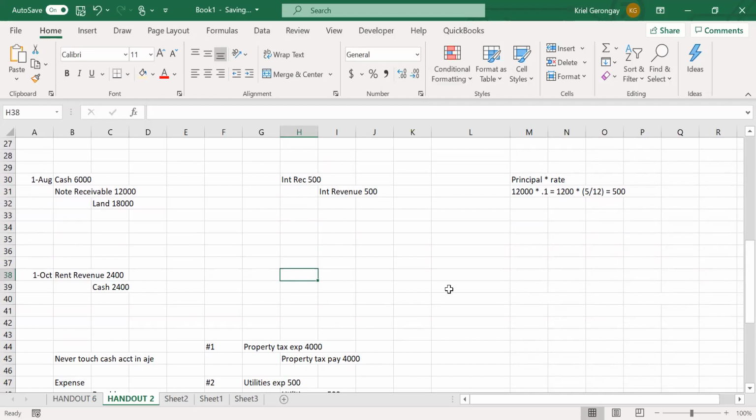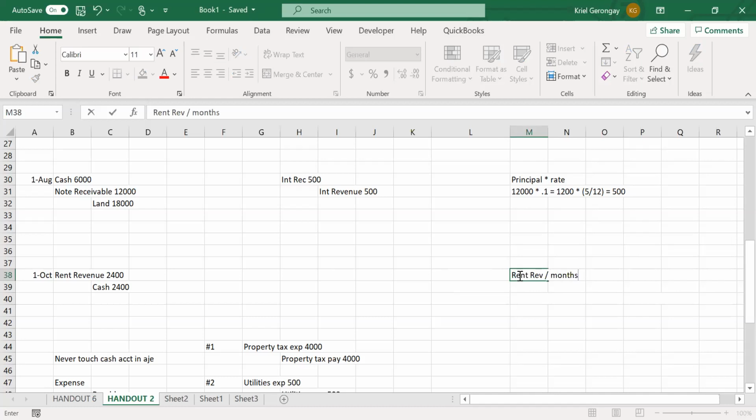Because you recorded the $2,400 for the full 8 months in advance, your calculation would be the total rent revenue divided by the number of months it would be good for. So that would be 2,400 divided by 8 months, which is $300 per month.